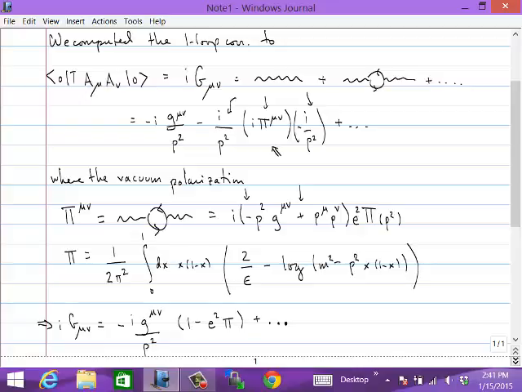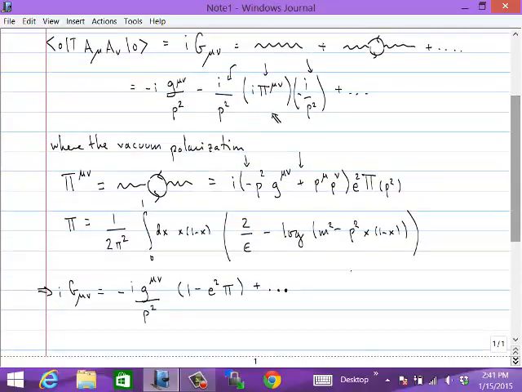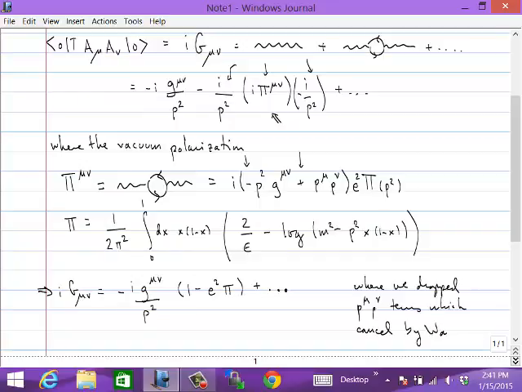And remember that terms that involve p mu p nu in the photon propagator always cancel out in scattering amplitudes because of gauge invariance. So in this expression, we have dropped the p mu terms, which cancel out anyway in scattering amplitudes by gauge invariance.